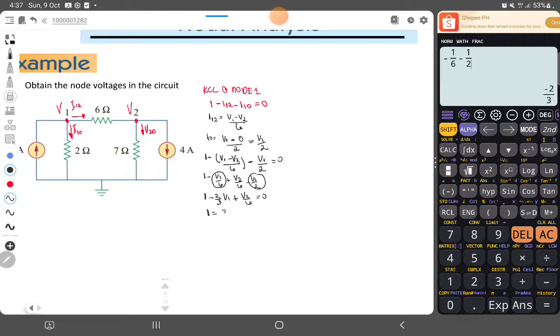So 1 will be equal to 2/3 V1 plus V2 all over 6. This will be our equation 1.